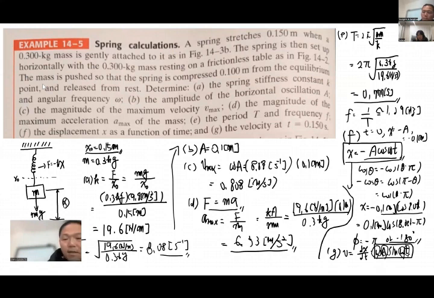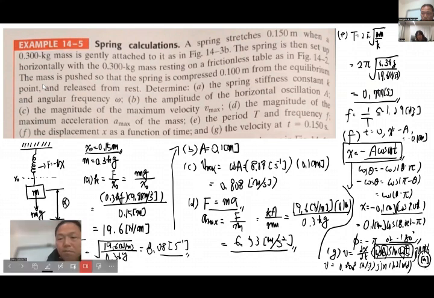Then velocity should be 0.808 meter per second times sine of 1.21 radian. So that leads to the answer of G, which is 0.756 meter per second. Okay.